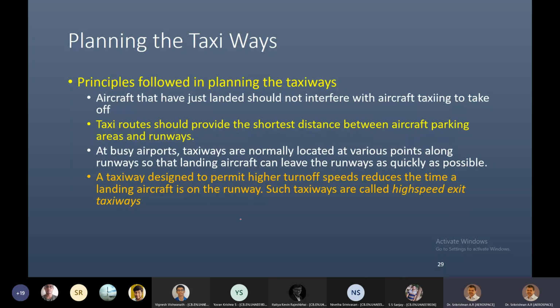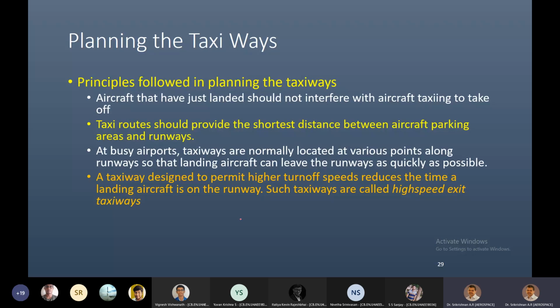Now, there are some taxiways which are specifically designed to facilitate quick taxiing. Basically, as an aircraft lands, as we know, it will have a higher velocity. And say, for example, if you have a normal exit taxiway, the aircraft has to come almost to zero velocity before it turns, right?